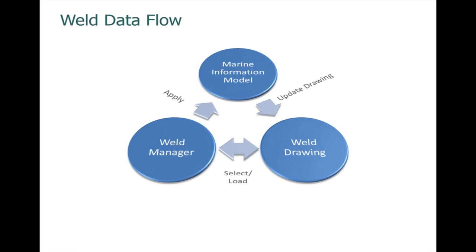Weld Manager is where we'll be loading assemblies into the weld drawing, and also selection between the two is synchronized. So if I select a weld in Weld Manager, then if that weld's in the weld management drawing that I'm looking at, it will be selected in the drawing, and vice versa. If I select a part in the drawing, it will be highlighted in the Weld Manager.